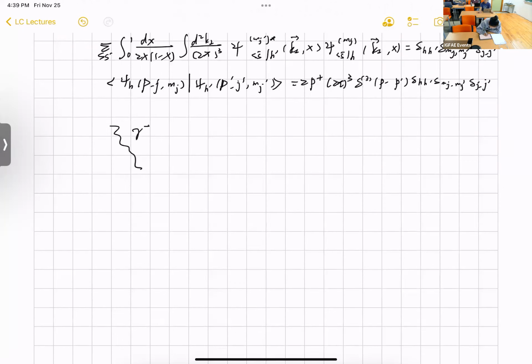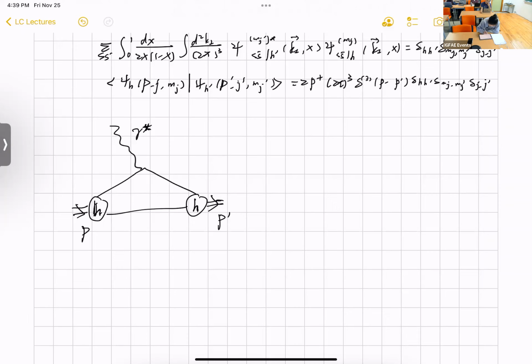So if we think about the virtual photon that is scattered on the Meson state, with the initial momentum P and the final momentum P prime. So in this process the virtual photon is like a probe. This is the initial Meson, and that's the final Meson. So they are the same kind.